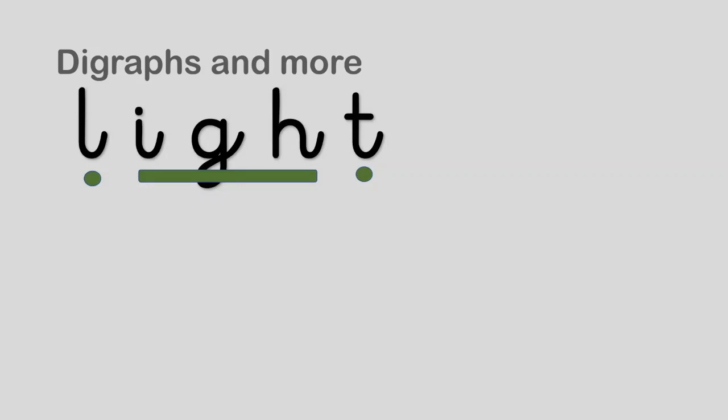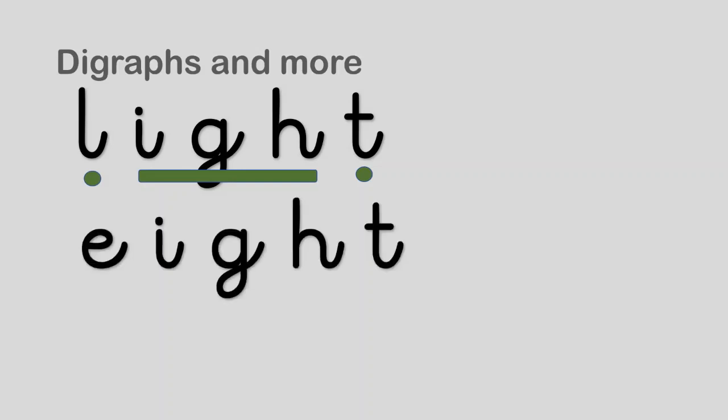Where 3 letters represent one phoneme, we call that a trigraph. Let's have a look at this word. EIGH represent the phoneme a, eight. Where 4 letters represent one phoneme, we call this a quadgraph.